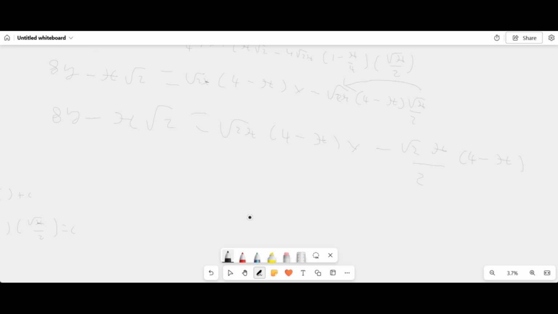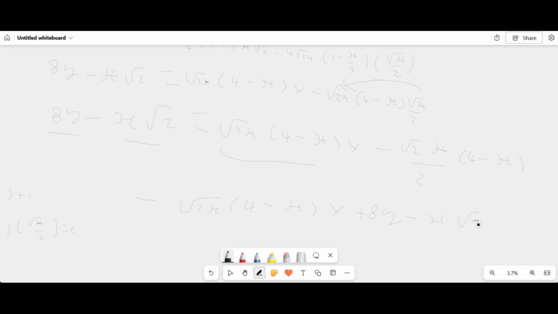Now, let me just make sure. What I did now is I took everything to the left-hand side. So bring this whole 2 pi situation here to the left, so that's going to be minus root 2 pi, 4 minus pi x, plus the 8 pi 8y that was already there, and then minus pi root 2.